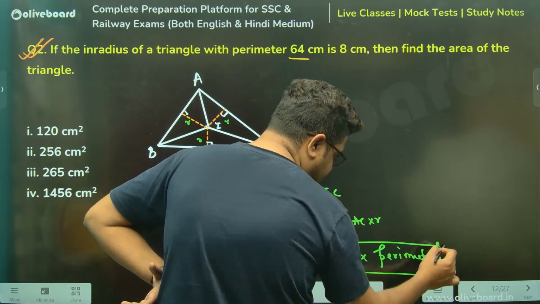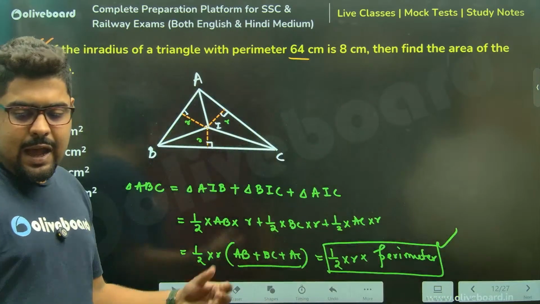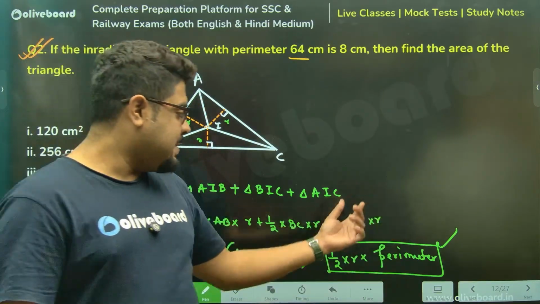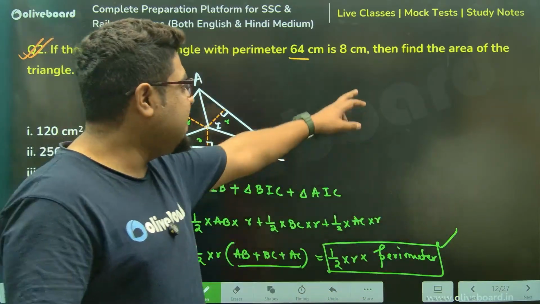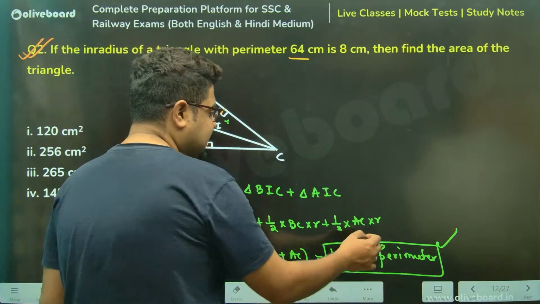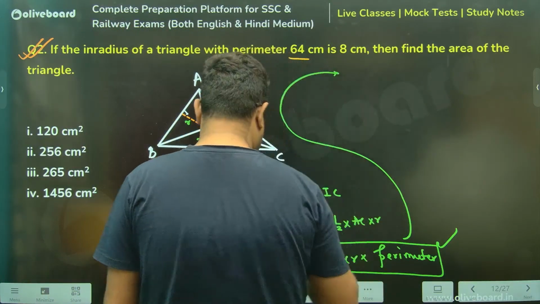This is one formula, sir: half into inradius into perimeter. That is your area of a triangle, sir.